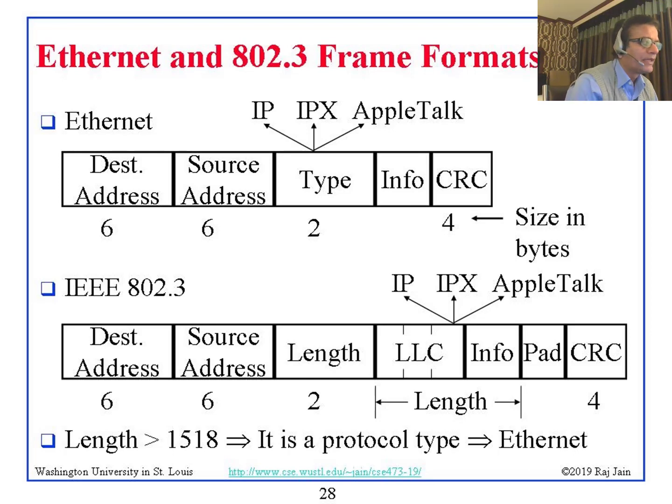Basically, with LLC, you could use any of the IEEE protocols which were done at that time and still run the same IP, IPX. IP and IPX don't have to know what is going on underneath. They just give the packet to 802, and 802 handles this and then gives it back to the IP, as it came from. So this was just to allow multiple MACs, multiple media access controls.